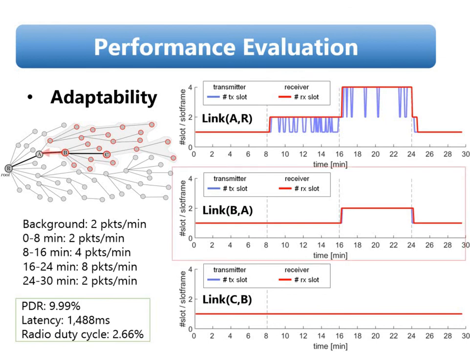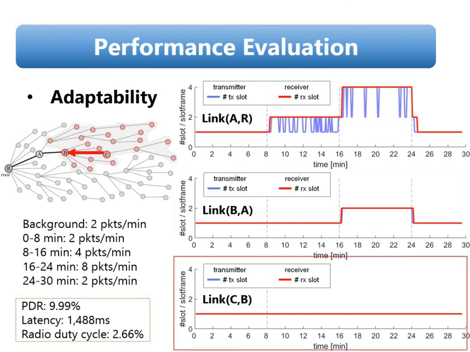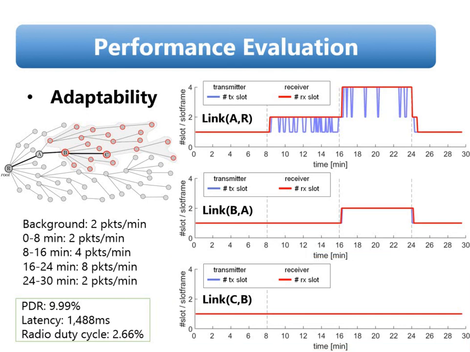The second shows those of the link BA, and the third shows those of the link CB. Blue and red lines show the number of transmission and receive slots respectively. At the time the traffic load changes, you can see the number of slots for the link AR changes according to the varying traffic load. This experiment achieved 99.9% packet delivery ratio.